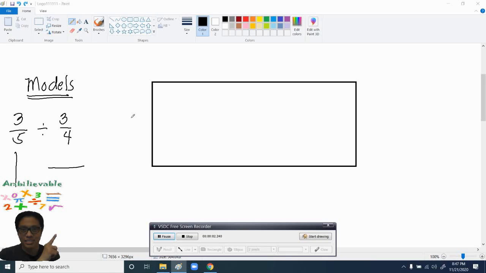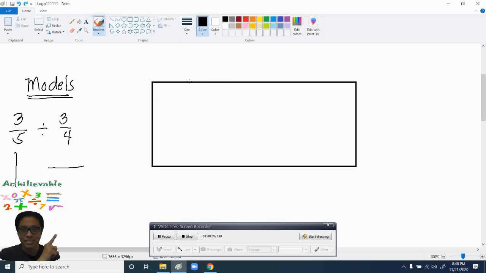Here is an example that we have in our division of fraction. 3/5 divided by 3/4. Things to remember: draw a shape and draw lines. Vertical lines for our dividend. Horizontal lines for our divisor.